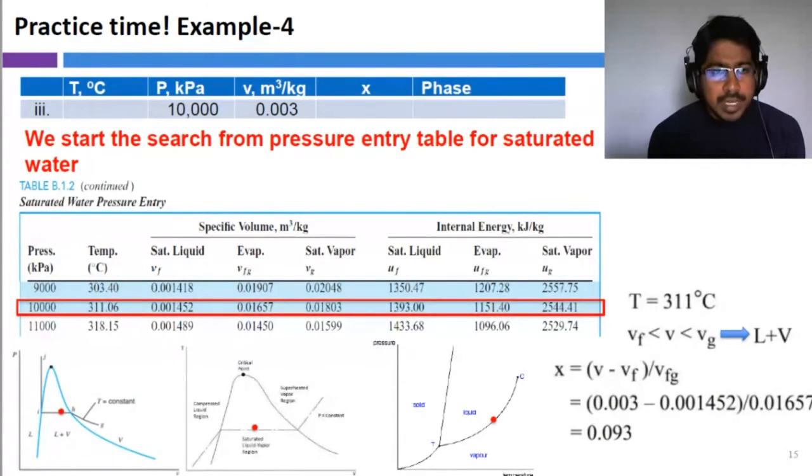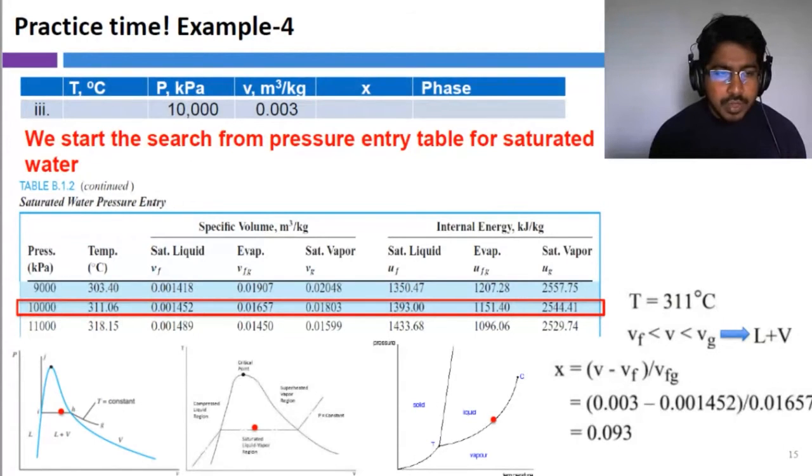Now we have to play with what we have. Of the two parameters, temperature and pressure, we only have the pressure. So I will start with the pressure entry tables, and we don't know whether it's saturated or not, but we start with the saturated water pressure entry tables. If we find out that it's not in the saturated region, we can look into the other tables.